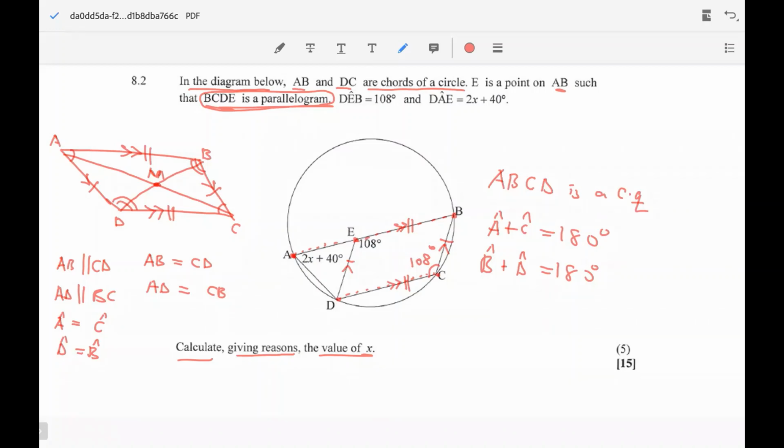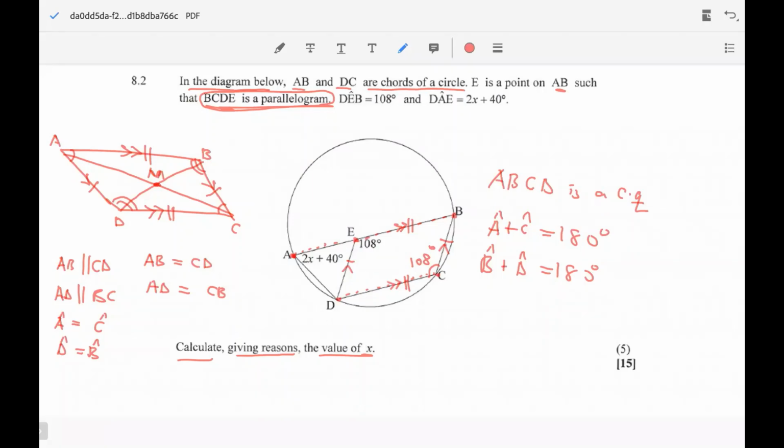Point E is so tempting to be the center, but it is not. That is a trap. So E is not the center of the circle, which means AE and DE are not radii of this circle. So we don't have the center, we don't have the radius. But anyway, let's try to play with what we have.